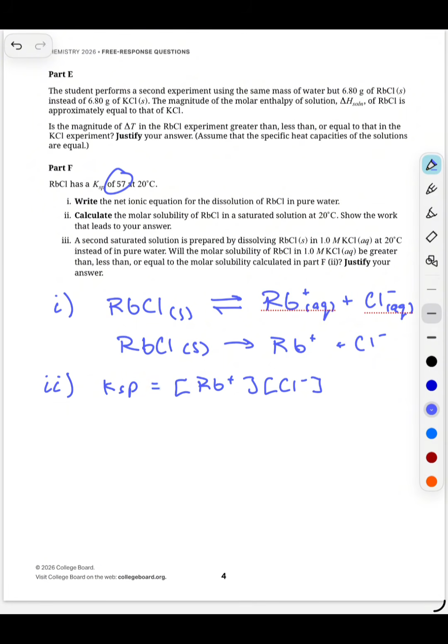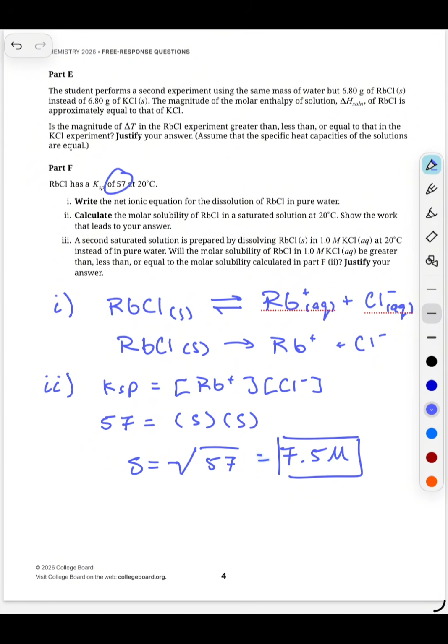Because it's a 1-to-1 ratio, we end up with 57 being equal to the molar solubility times the molar solubility, so we get S squared. To undo the square, we take the square root. So S is equal to the square root of 57, which is approximately 7.5. So that is our molar solubility. Oh, and don't forget your units: 7.5 molar.